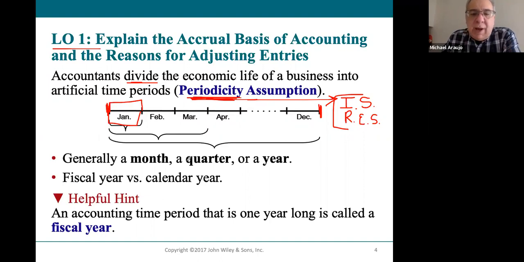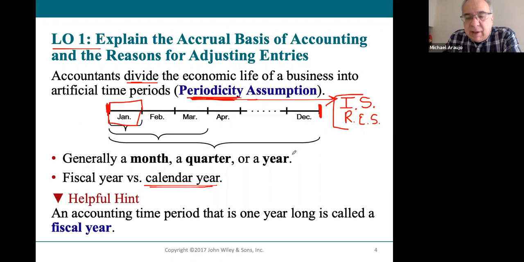Okay. Well, in terms of the yearly basis, companies actually have choices. They can choose to use a traditional calendar year, which means they're going to keep records of their revenues and expenses and so forth, which is the income statement accounts, starting January the 1st of every year and ending their accounting year on December 31st.